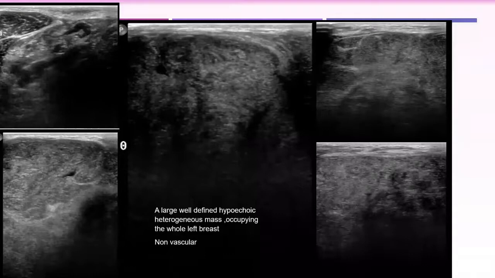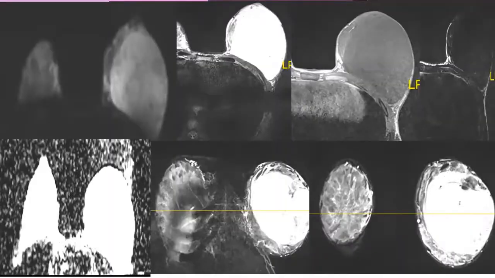Yes. Here, a large mass where you cannot even see the margins. Yes, huge, involving most of the breast. That is why you could not see the margins. And it is a well-defined heterogeneous mass, but in this case it was non-vascular. See it here in ultrasound and on MRI, almost occupying the whole left breast and enlarging the breast.